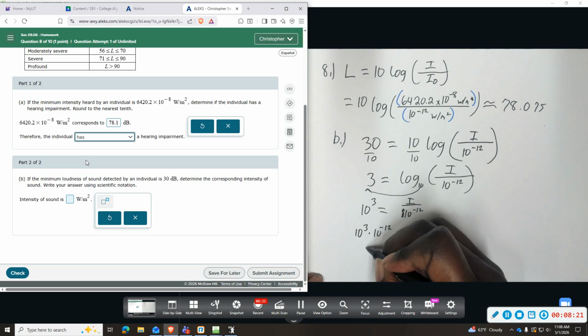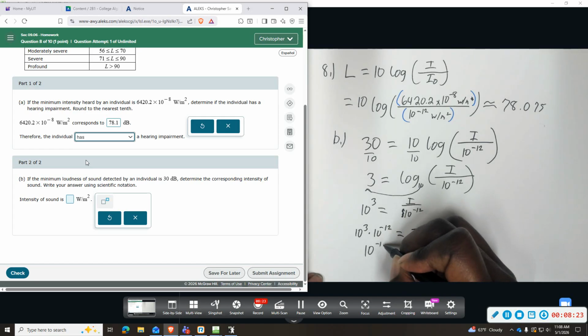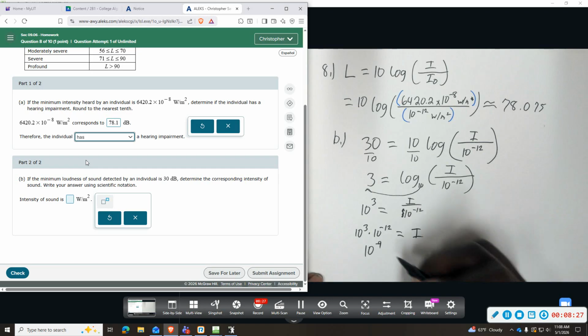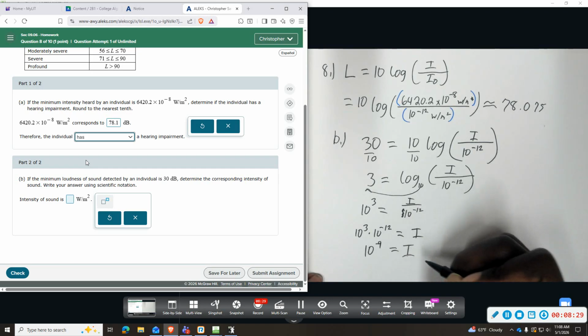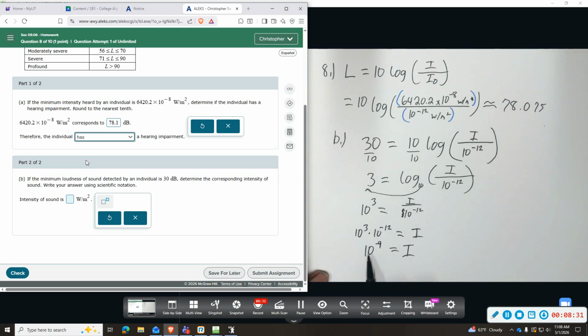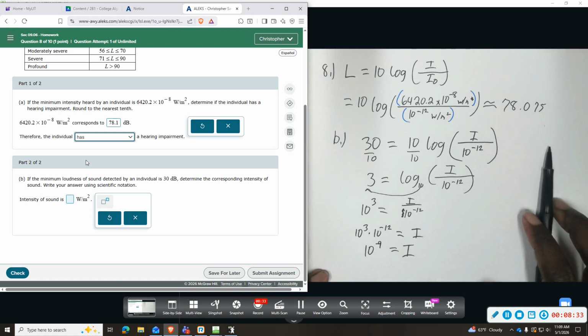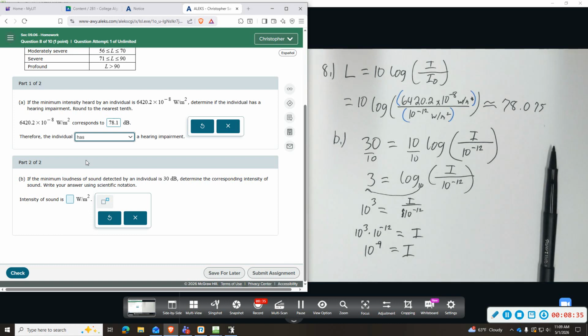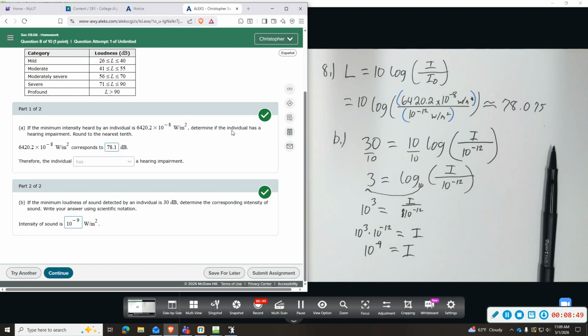So this will just give me 10 to the negative 9th. 12 minus 3 is 9, bigger number is negative. So we're getting the intensity is 10 to the negative 9th. Okay, we got it, check.